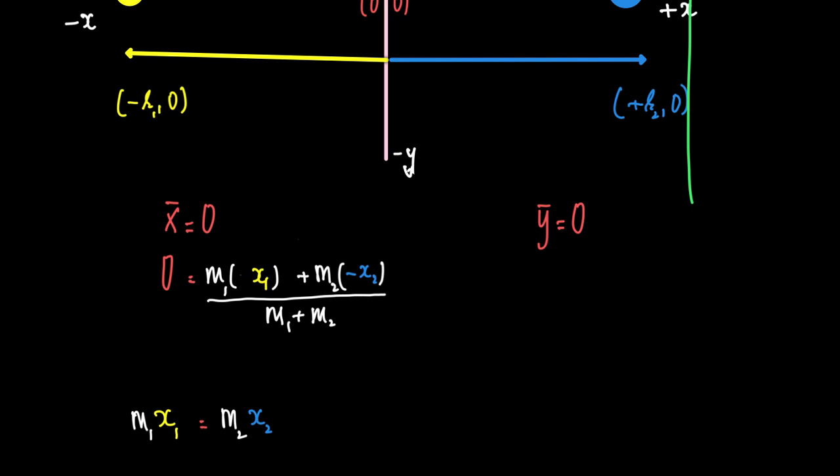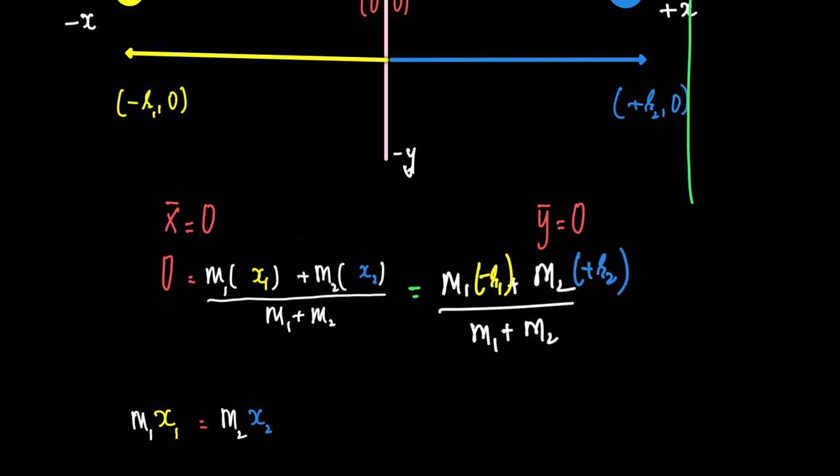This should be m1 x1 plus m2 x2, which is equal to m1 into minus r1 plus m2 into x2. x2 is plus r2. So when this is equal to 0, m1 plus m2, when we transpose this, that also becomes 0. So what we have is m1 x1 is equal to m2 x2, or in other words, m1 into r1 is equal to m2 into r2.